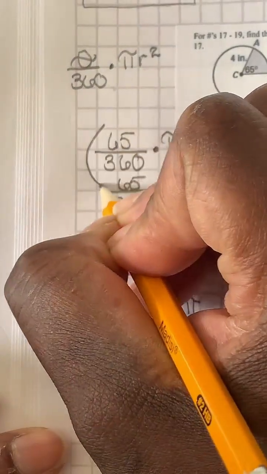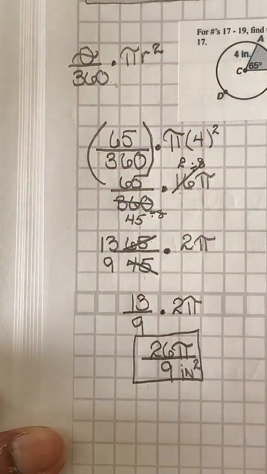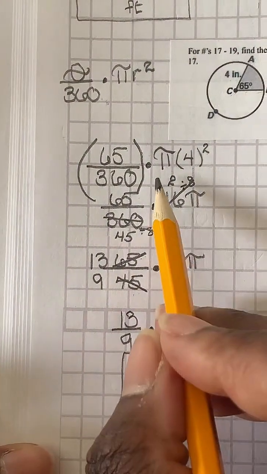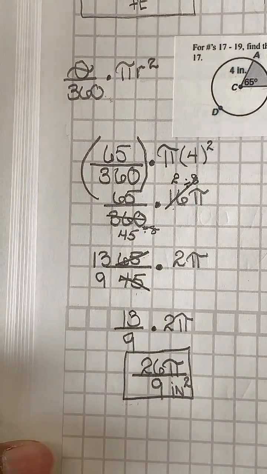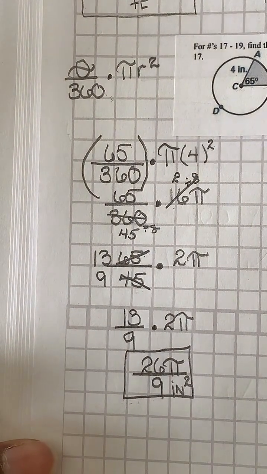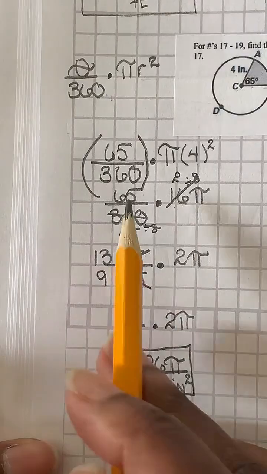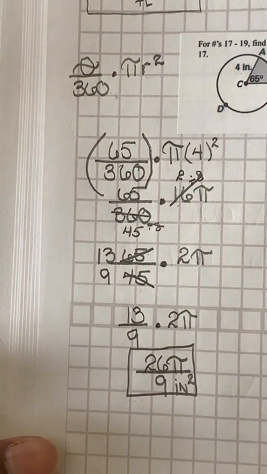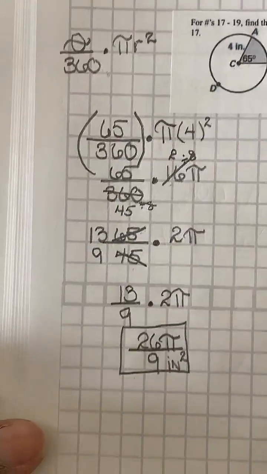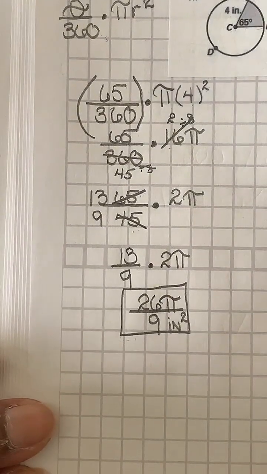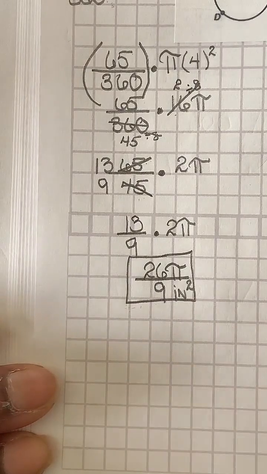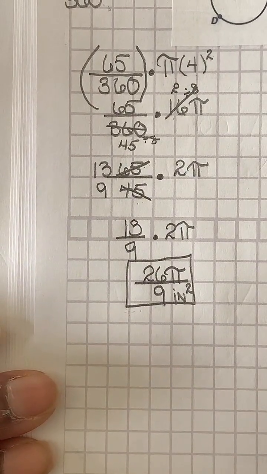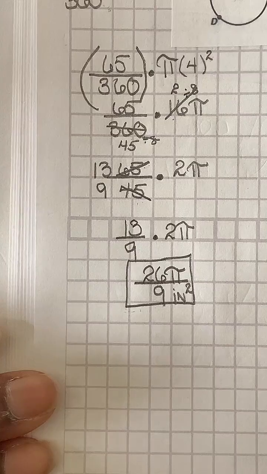If you are going to put it all in, put this fraction in parentheses, have your pi, and then have your 4 squared. Okay, the power of parentheses is huge. Because if not, your calculator is going to just put it all together and you're not probably going to get the right answer. And then make sure your units are inches squared. Okay, yes. All right.